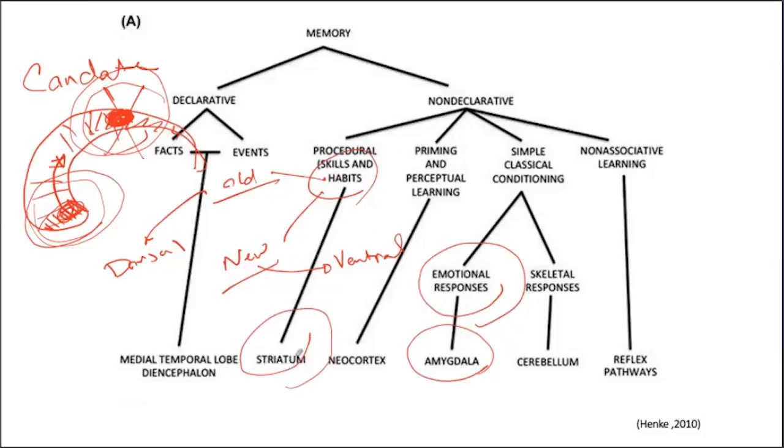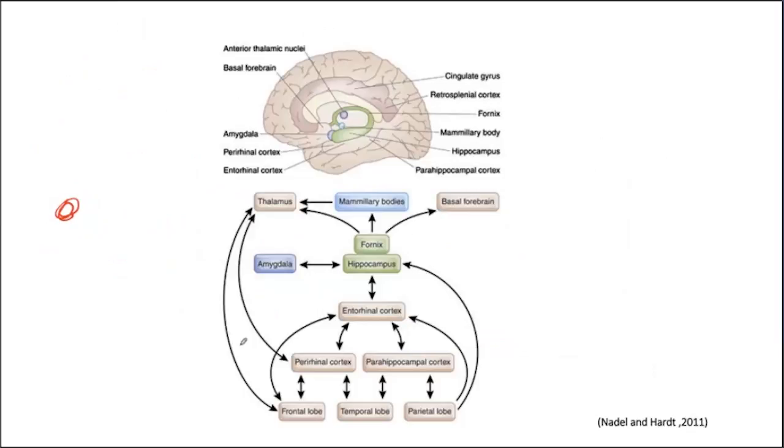But we know that these maps of function compared to different parts of the brain provide a little bit of information, but they are not really comprehensive. We know that different parts of the brain are involved in this process.